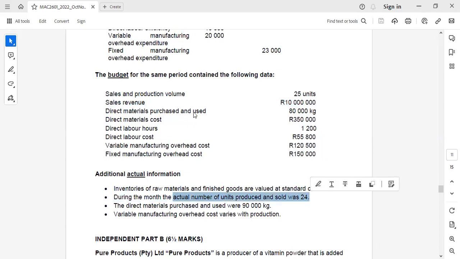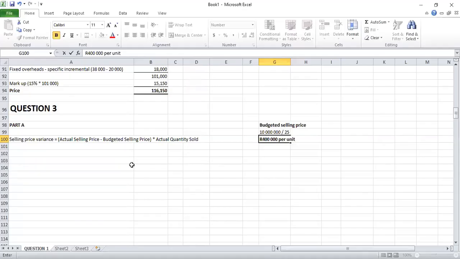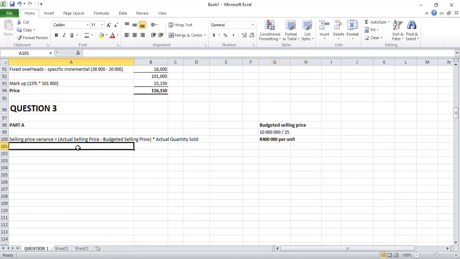So we can say negative 340,000 would be equal to the budgeted selling price.